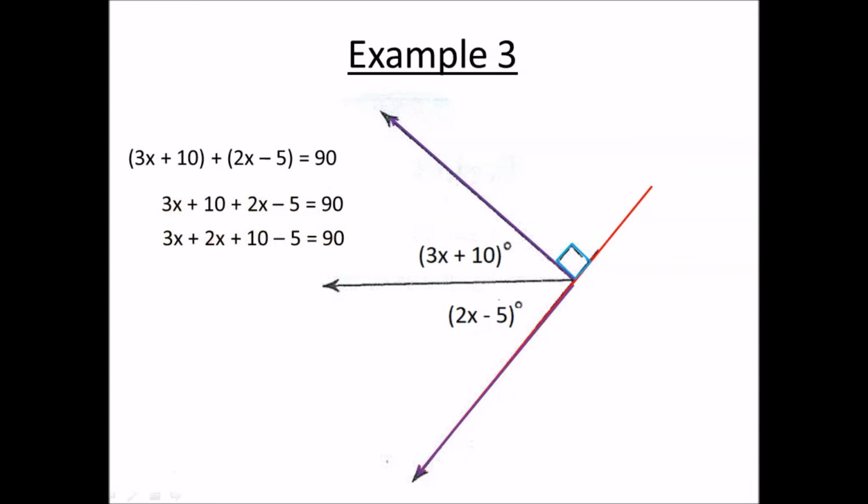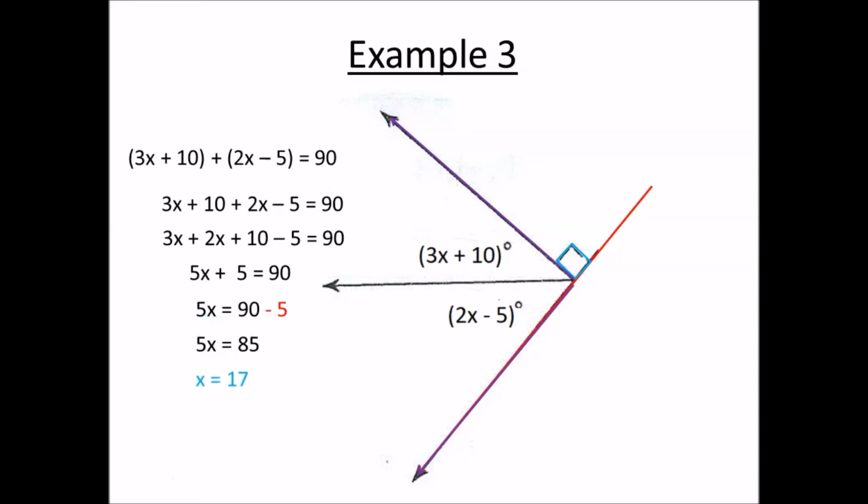So 3x plus 2x plus 10 minus 5 is equal to 5x plus 5 equals 90. Then we're going to bring our 5 over to the other side to combine with the 90. So we have 5x is equal to 90 minus 5. If we simplify that, we get 5x is equal to 85. And divide both sides by 5, so x is equal to 17.